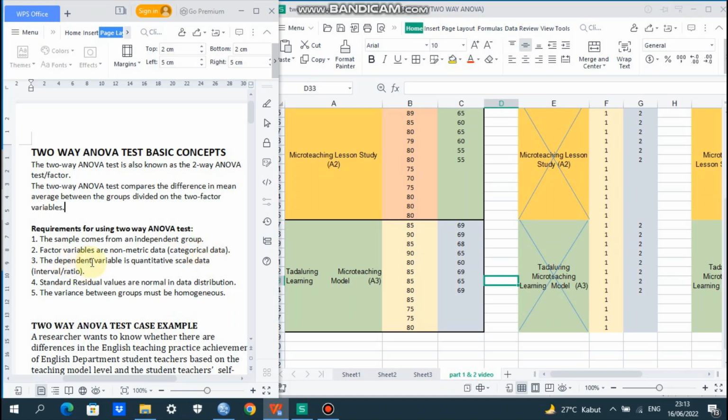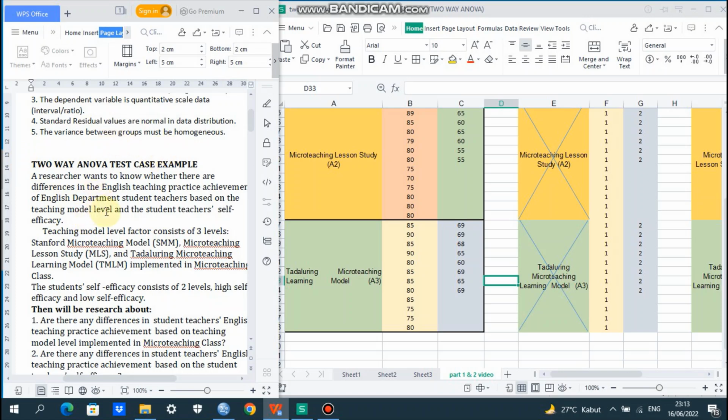Number 3, the dependent variable is quantitative scale data, or it comes from interval or ratio data. And this one, number 4, it's very important. Standard residual values are normal in data distributions. And the last, the variance between groups must be homogeneous.